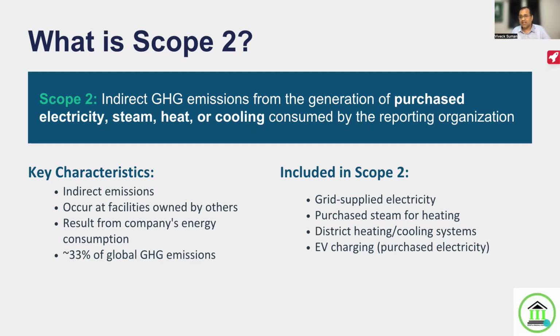That is another differentiator you should know. Large companies do report under scope 1, not under scope 2. So scope 2 emissions only occur at power plants, district heating plants or facilities.